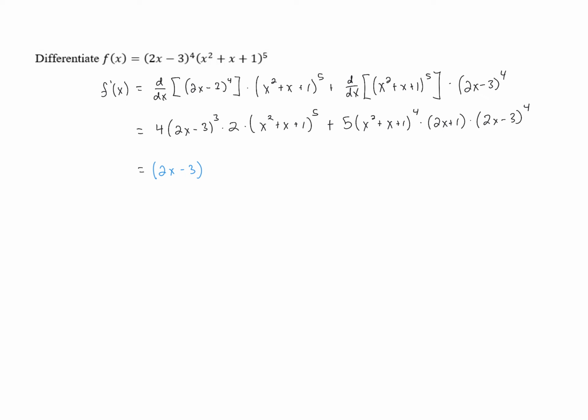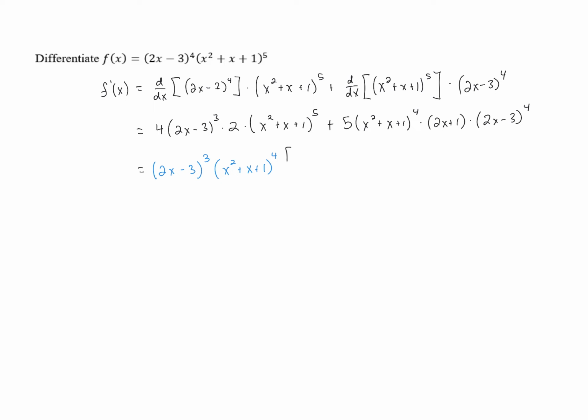So what they have in common is 3 factors of that. And then they also have powers of x squared plus x plus 1 in common. The first one has 5 factors of that, and then the second one has 4. So in common, they have 4 of those. So that is the greatest common factor between those two giant terms.